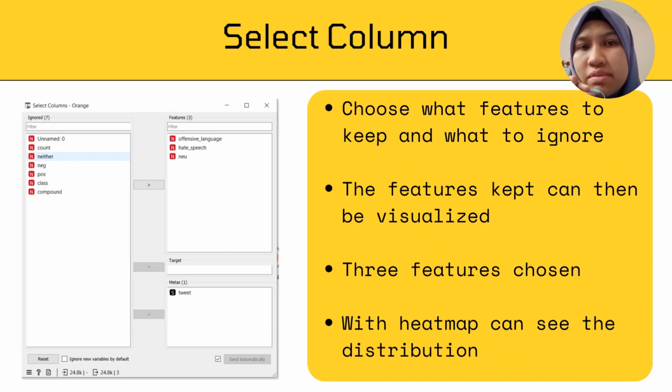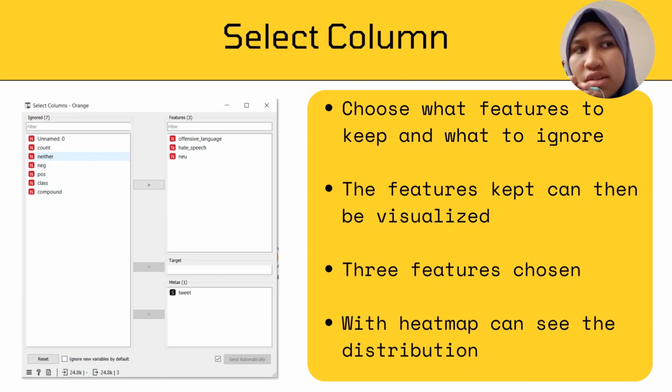After the sentiment analysis, we then go into the select column, where here we choose what features to keep and what to ignore. The features kept can then be visualized using the heat map. Three features are chosen here: the offensive language feature, the hate speech feature, and the neutral feature.